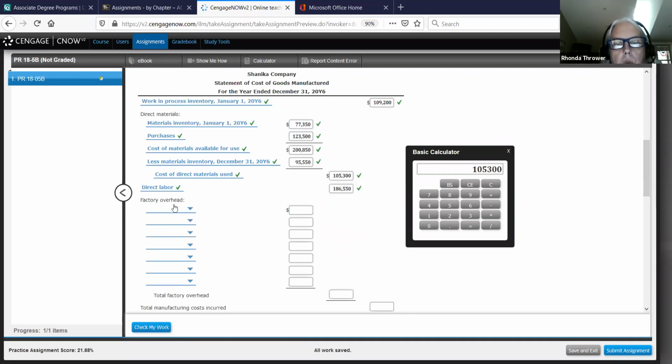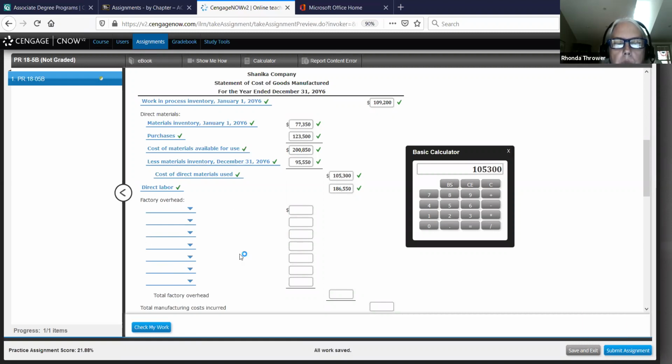So the next thing I want to do is work on my third manufacturing cost, which is considered to be factory overhead. Factory overhead is made up of all factory expenses other than direct materials and direct labor. We've already accounted for those up here.